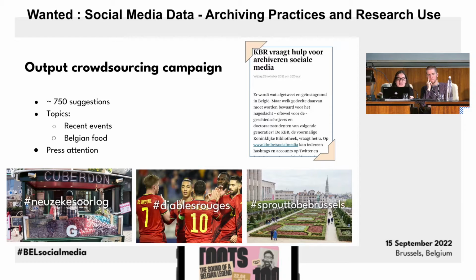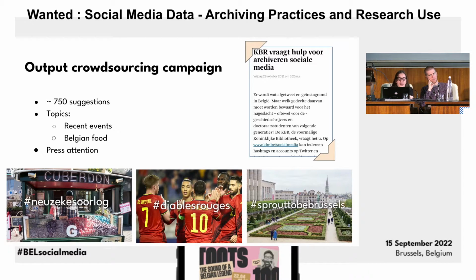So the output of the crowdsourcing campaign was around 750 suggestions, with most of the suggestions linked to events happening at the moment, such as the Red Devils when they played, or a football group, and of course food, really important in Belgium, like the famous Cubedon fight in Ghent, but also other hashtags like Sprout to be Brussels.